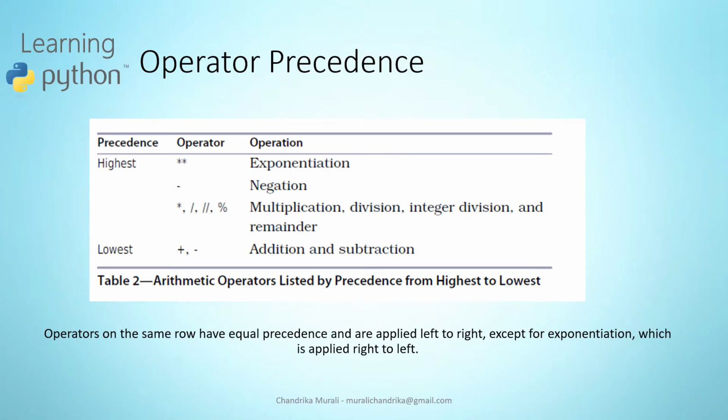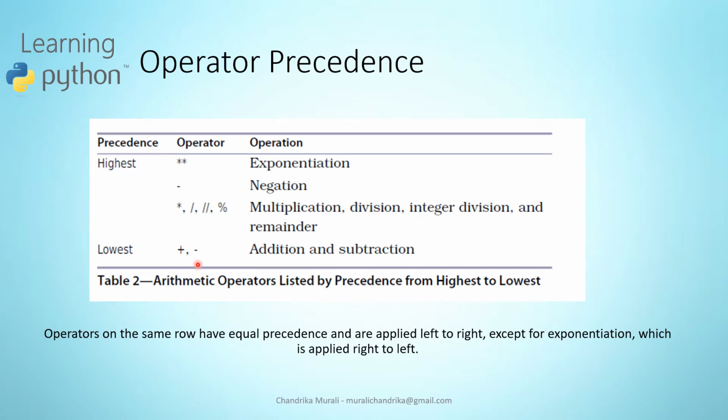And this is a table of operator precedence. Exponentiation has the highest precedence, then negation, then later multiplication, division, integer division, and modulus operators. The lowest precedence operators are plus and minus.